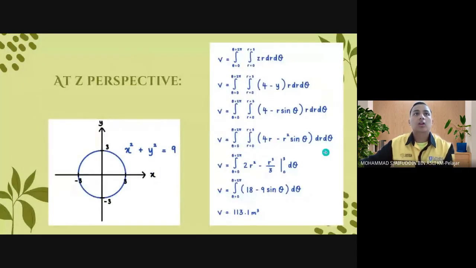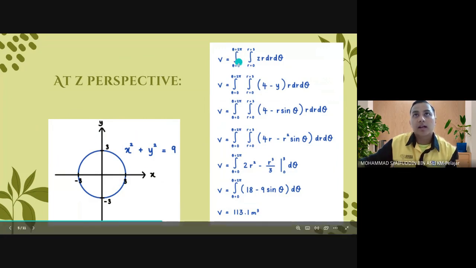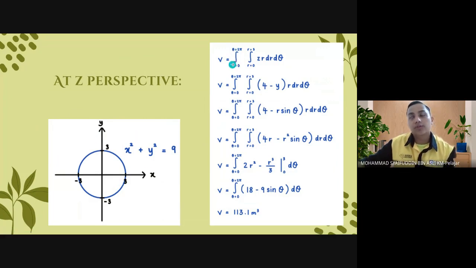Alright, this is from the z perspective. Before this we got the radius is 3. We use the formula for volume, which is the double integral of z r dr d theta. The limit for theta is from 0 to 2 pi, because we use the full circle.